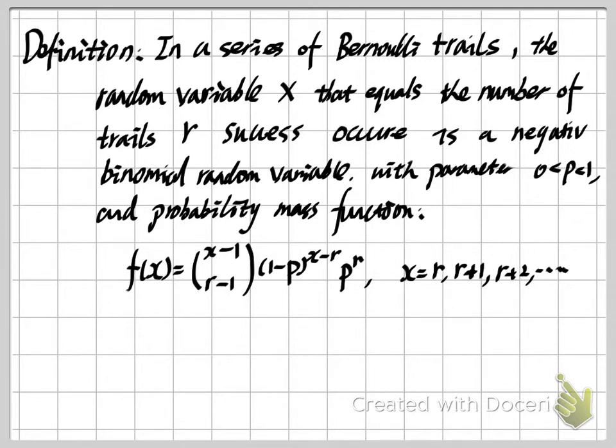For a geometric random variable, we define X as the number of trials until the first success. However, for the negative binomial, it is until the R-th success. So if we assume we have 5 trials until we have 2 successes, then until our first try we only have 1 success, however the last try, the 5th try, should give our second success.